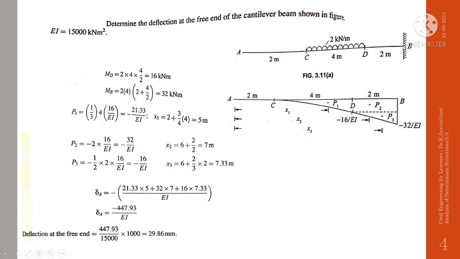If you want the bending moment at point B, load is 2, distance is 4 into 4 by 2, plus you have to add this 2 meter. It is written here, and you will get 32 by EI. This is the next type of value. Due to the different cases of loading, you have to consider the bending moment at each different place in order to get the complete area.